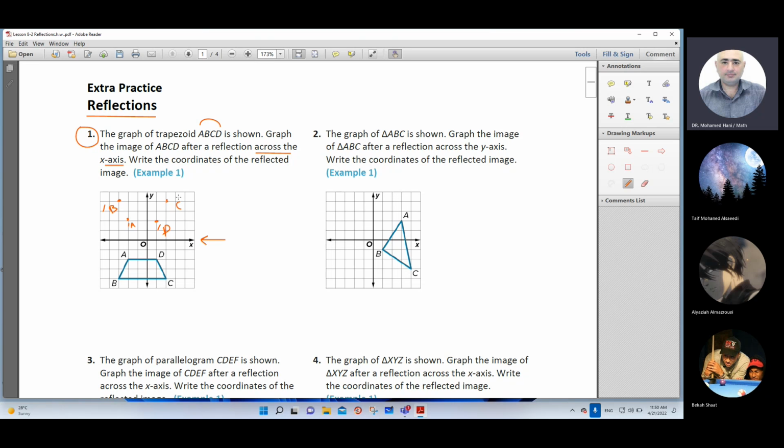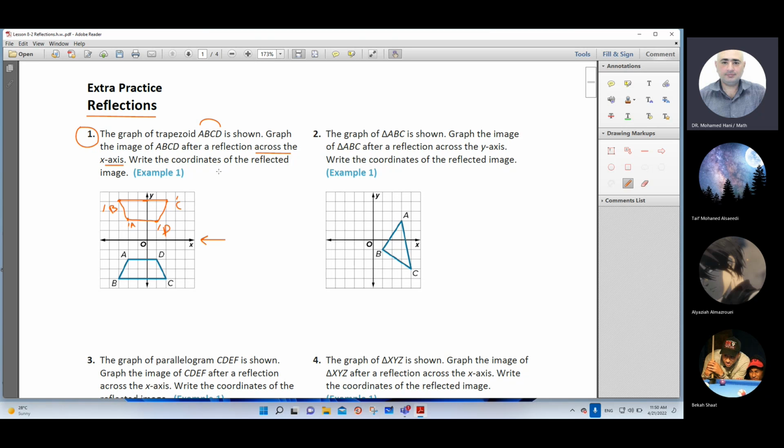This is C prime. Then match between the points. You will get the image. This is the pre-image, and this is the image. As you see, we get the congruent figure, but in the opposite direction.